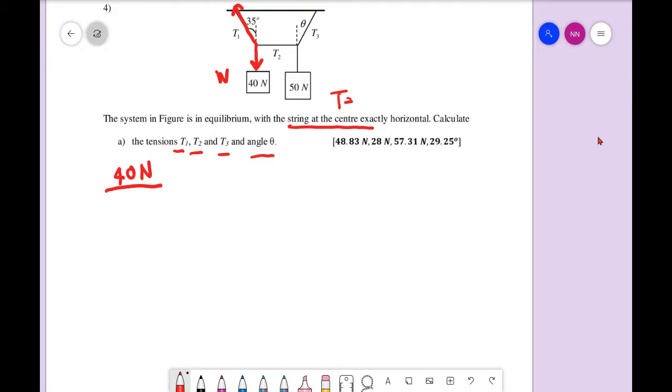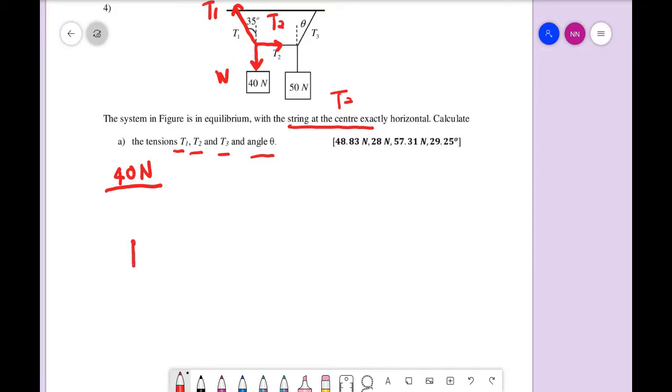We have T1 away from the object, 40 Newton, and T2 away from the object, 40 Newton. So maybe we can draw the free body diagram here.